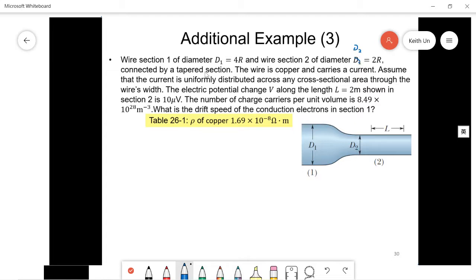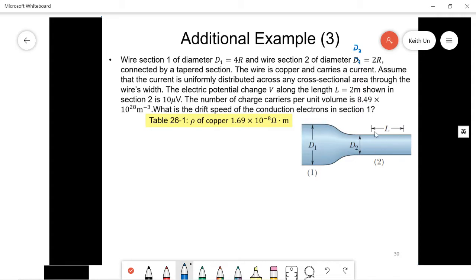Connected by a taper section, the wire is copper and carries current. Assume that the current is uniformly distributed across any cross section through the wire width. The electric potential change V along the length L equals 2 meters, shown in section 2, is 10 mV.